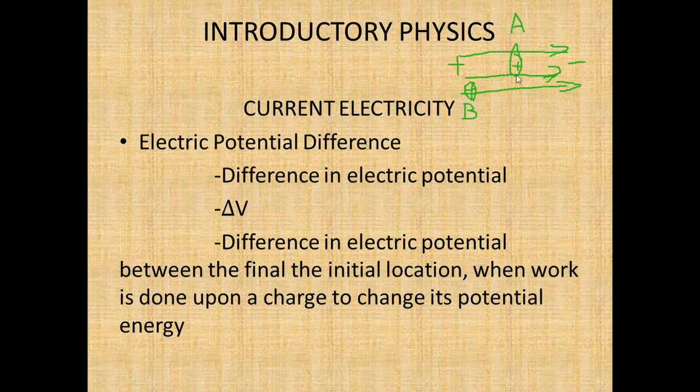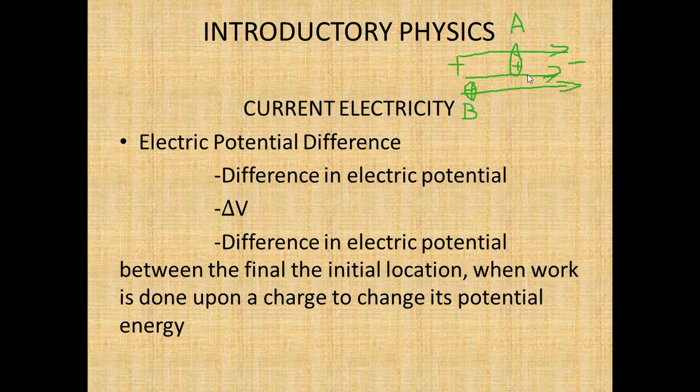Because in order to move from position A to position B, you have to do work, because this positive source charge is going to repel it. You have to do work to bring it closer to the source charge. It is just like lifting an object and putting it at a certain height.